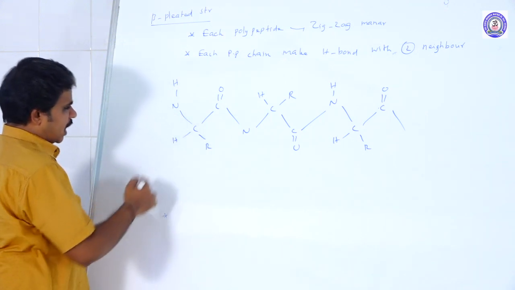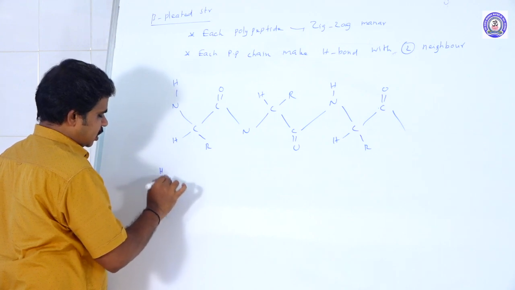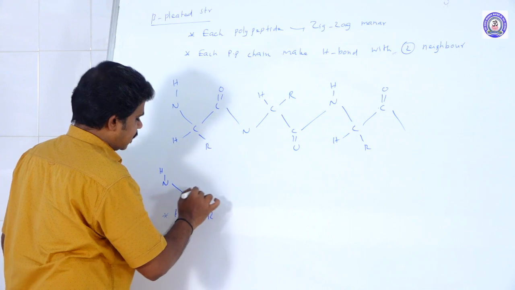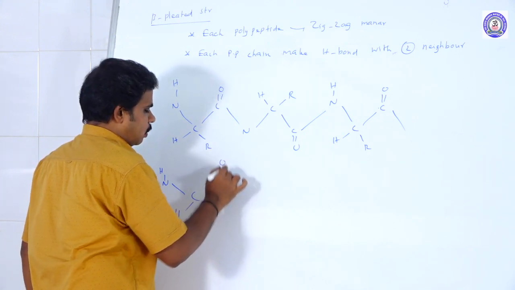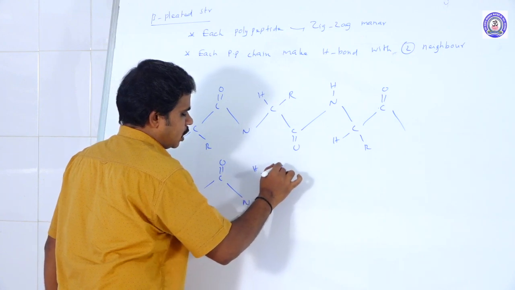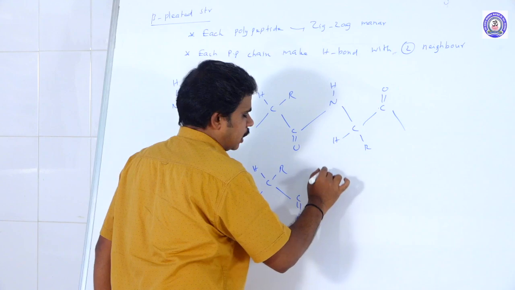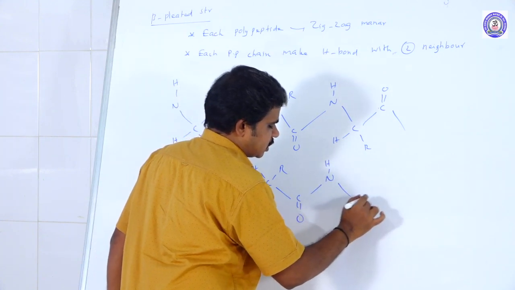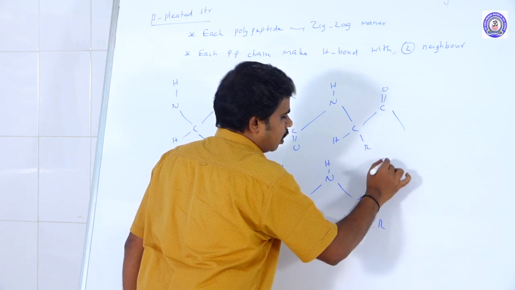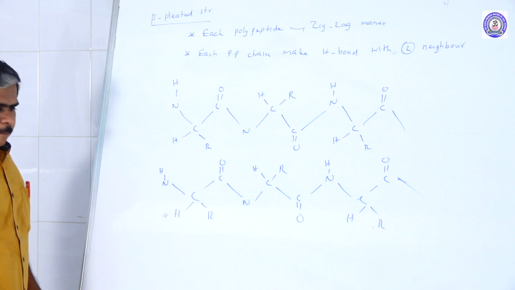And one more the same. Here it is NH and C, R and C double bond O, and like this. Now one more.